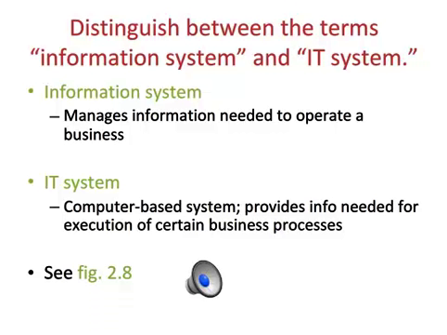It could be completely manual, people walking around with papers and delivering them to other people. Of course, that's not the case typically in this day and age, but it could be. An IT system is a computer-based system, and it provides information needed for the execution of certain business processes. And there's a nice little diagram, figure 2.8 on page 20, that highlights these concepts.